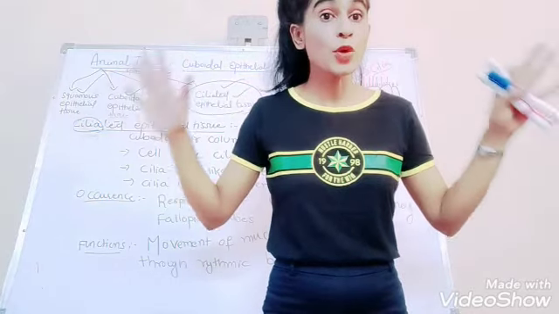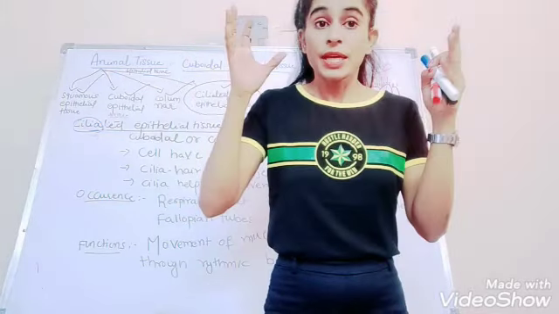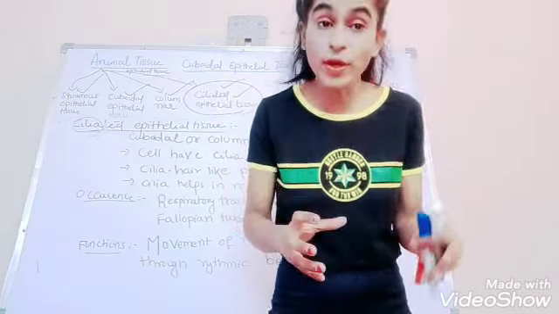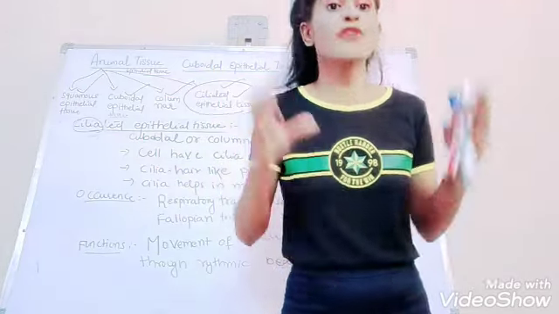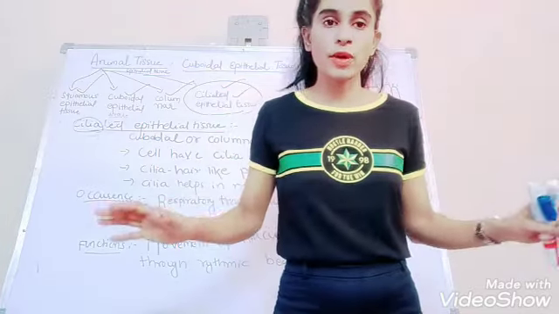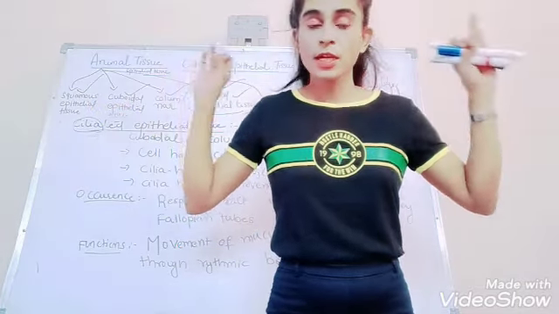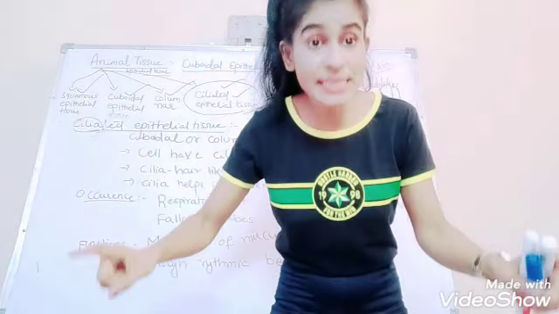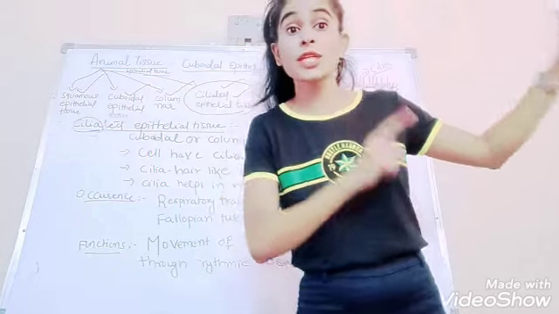Then we know about ovaries. In females, a pair of ovaries is present, and the ovary helps in the formation of egg or ova. Ovaries produce eggs, and eggs need to reach the uterus.